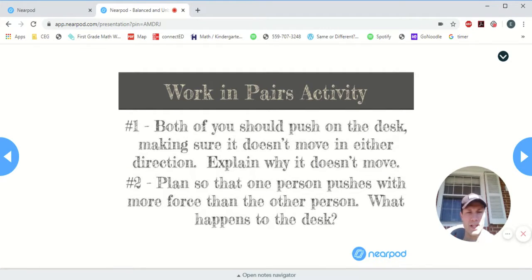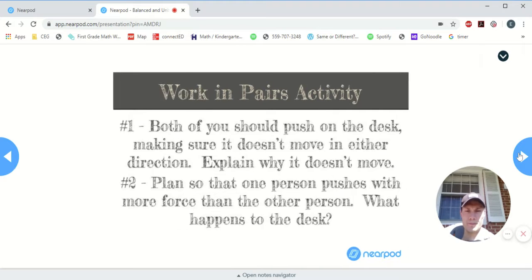So you and your brother or sister try to be pushing against something but make it so it doesn't move. And then the second time, plan that one person pushes with more force than the other person. What happens to the desk? So the first try, push so that the desk doesn't move. Second try, push so the desk does move. When you're finished, come back to the video.